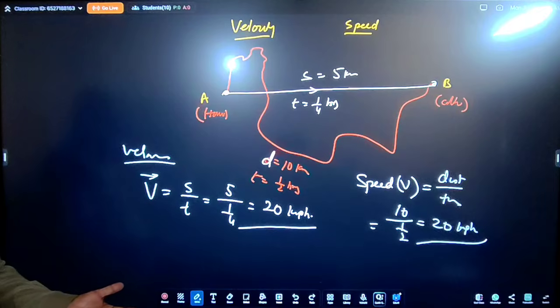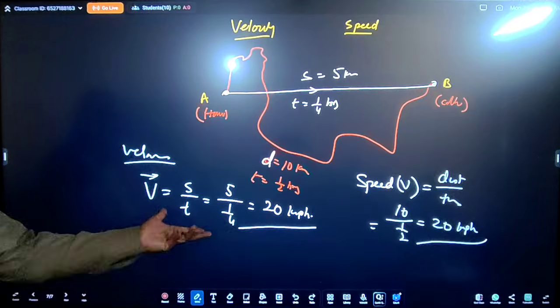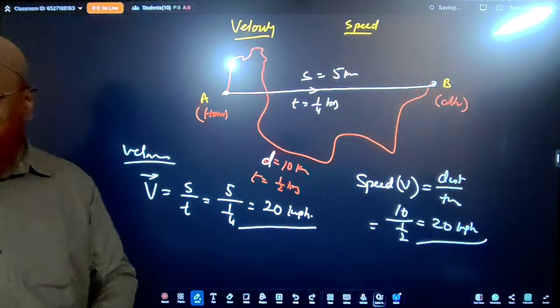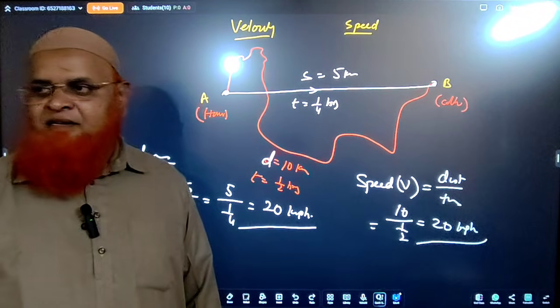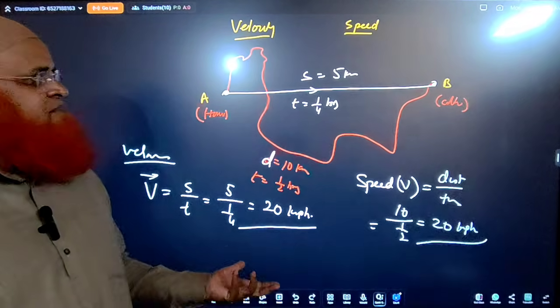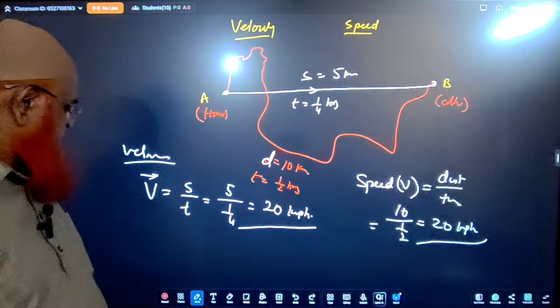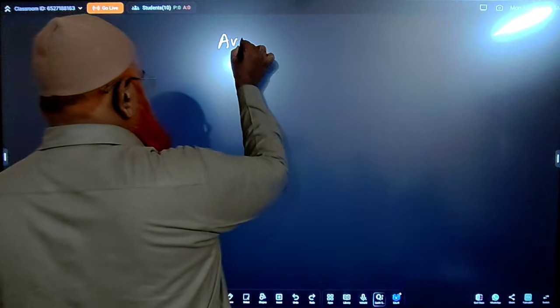That's also the same. 10 kilometers, half an hour, so 20 kilometers per hour. So this is going to be your speed and velocity. Hope you understood the difference. Once you understand the difference, let us go for average speed.